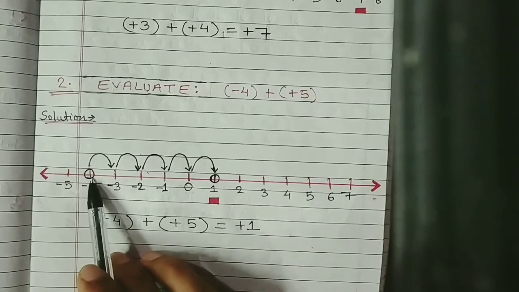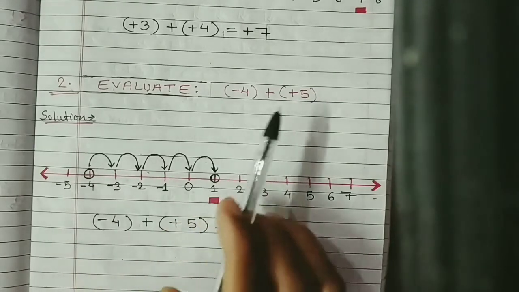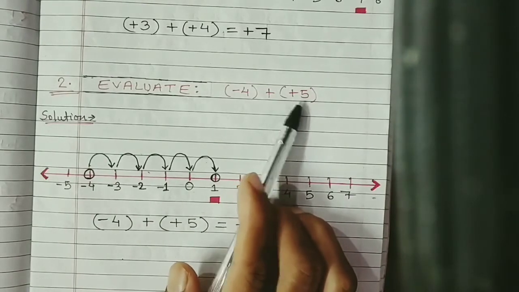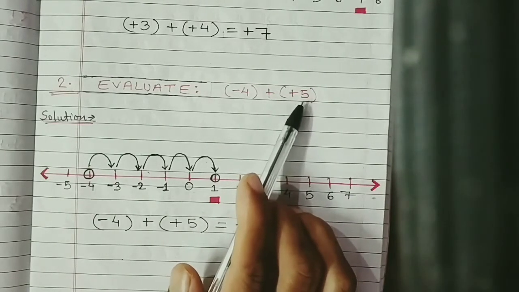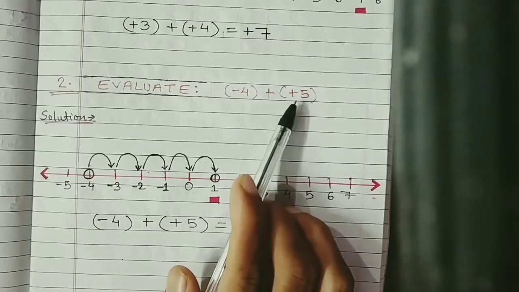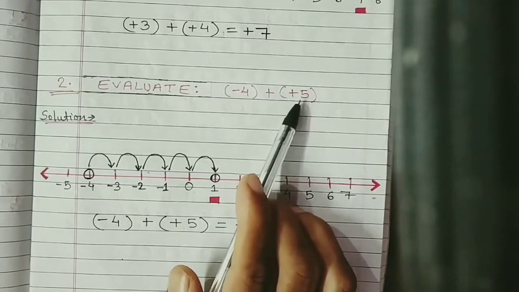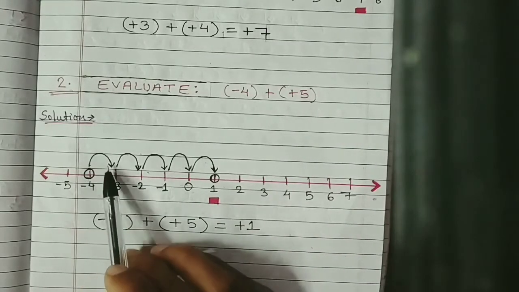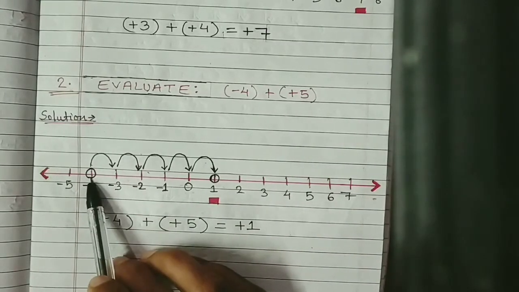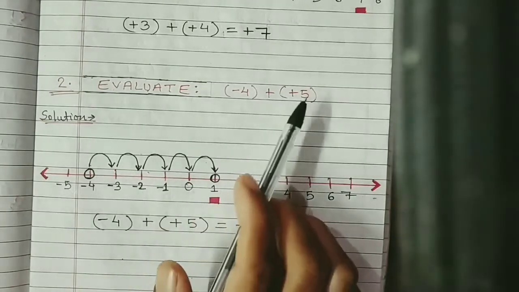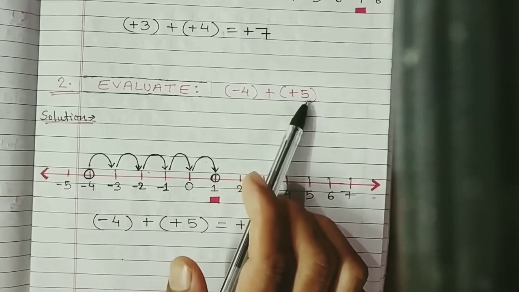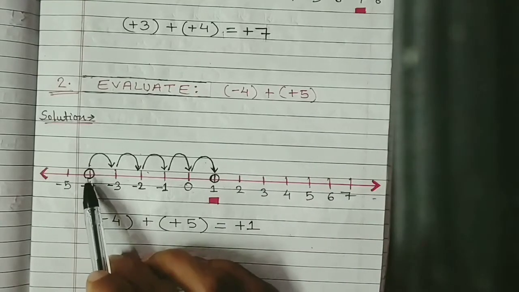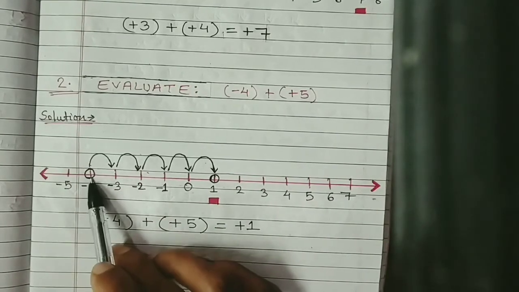Now we have to see the second integer, and the second integer is plus 5 and it is a positive integer. So if the second integer is positive, then what we do? We move to the right side from this place. How many steps? 5 steps. Here number 5 is written, so we have to move to the right side from this place.